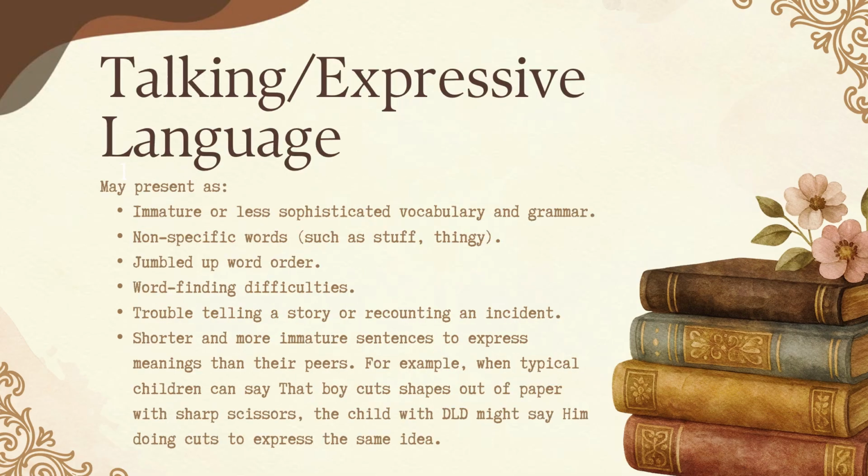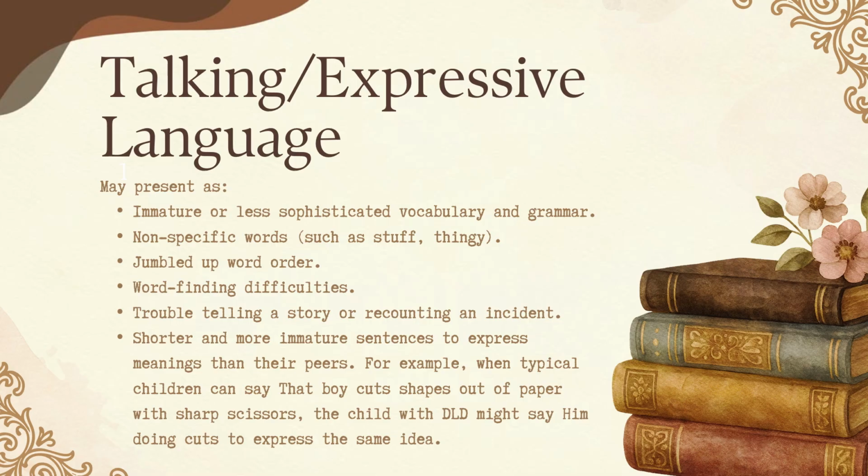In terms of talking and using expressive language, this may present as students using immature or less sophisticated vocabulary and grammar compared to their peers, using non-specific words such as stuff and thingy, jumbling up their words, or not being able to find the word that they want to use, trouble telling a story or recounting an incident, and they may use shorter and more immature sentences to express meaning compared to their peers.